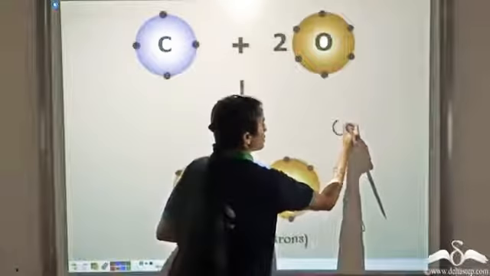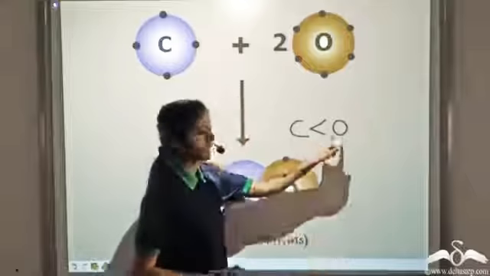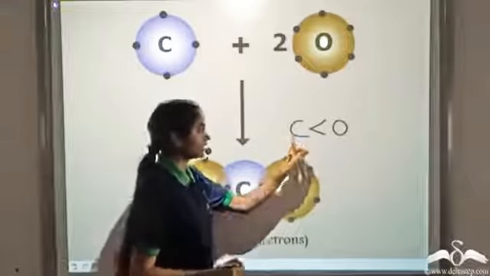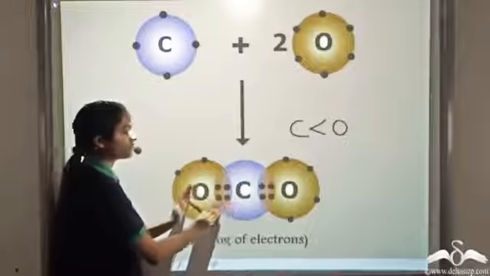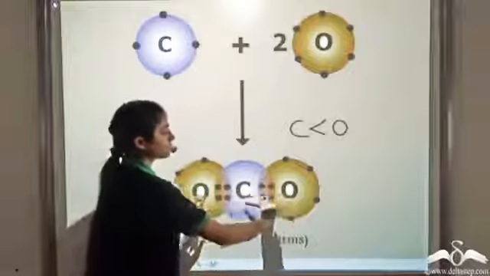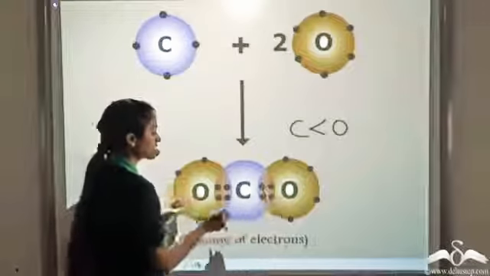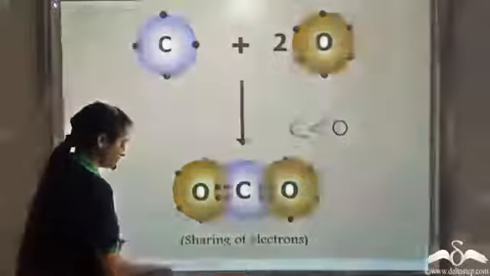So the electronegativity of oxygen is greater than carbon, as oxygen lies towards the right in the periodic table, and so oxygen is able to pull these electrons more towards itself. So both these oxygen atoms pull the electrons more towards themselves, and so oxygen is more electronegative than carbon.